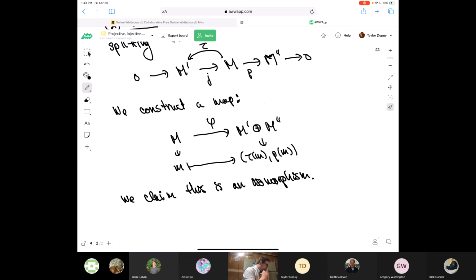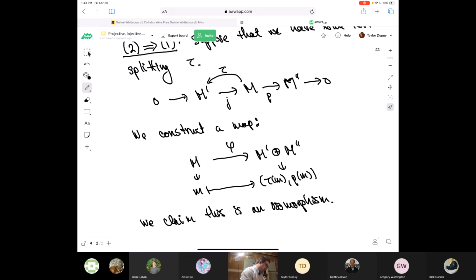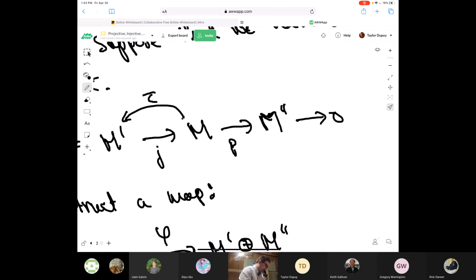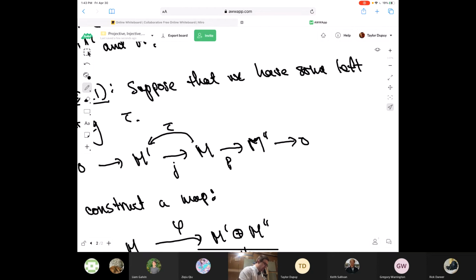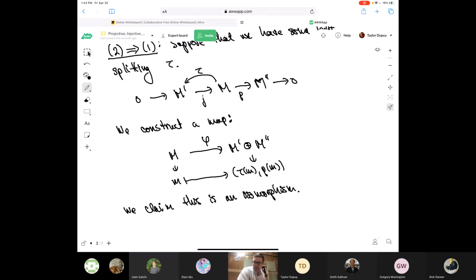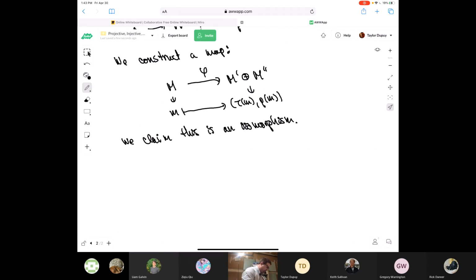Let me write down a little observation: you can write an element of M as a combination of two things. This might be familiar from linear algebra if you've ever had a projection operator.